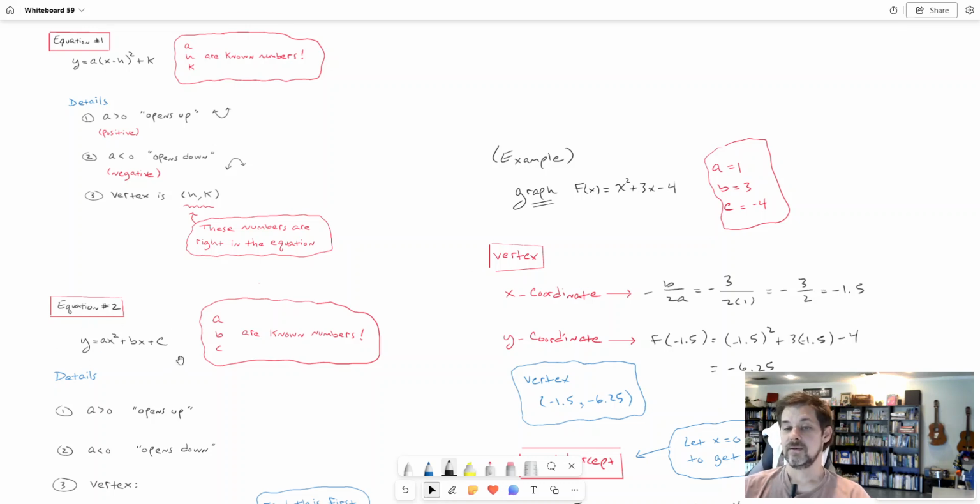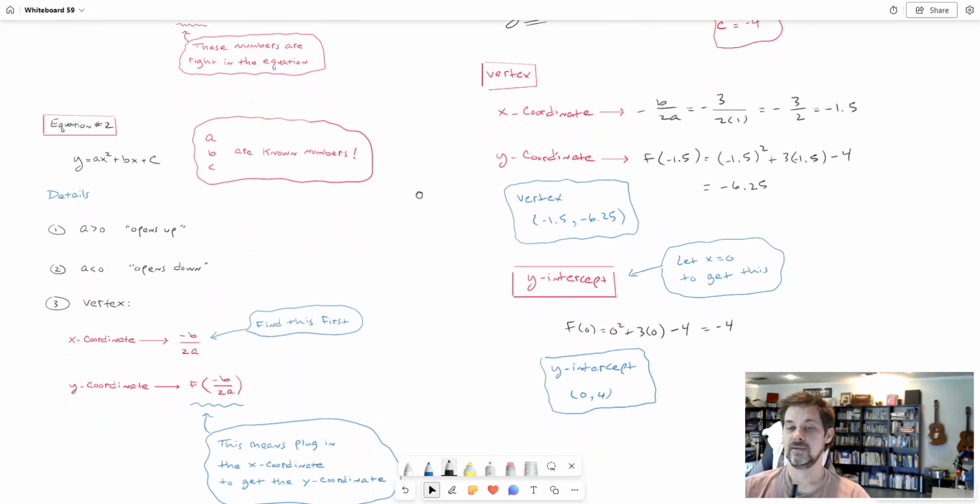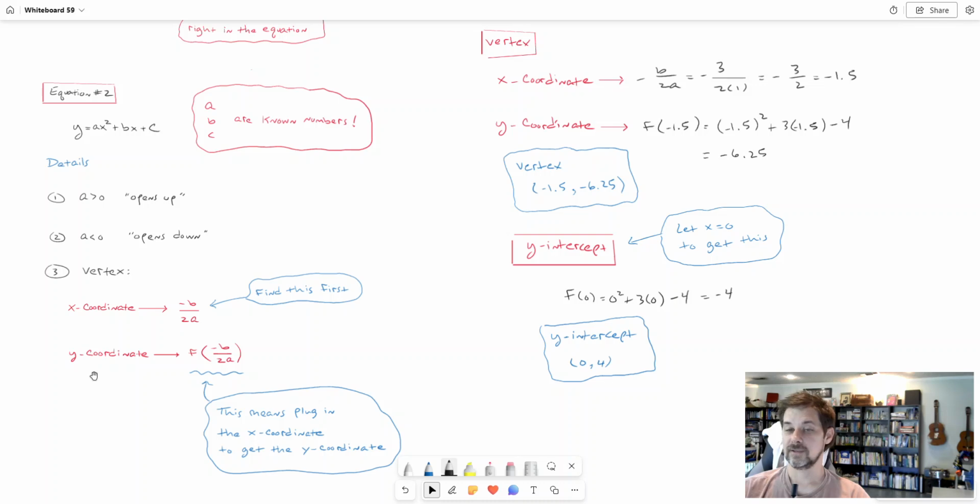Okay, now how you find the vertex when the parabola is given in this way is that you find the x and y coordinates individually. You find the x coordinate first as the negative b over 2a, or you might say the opposite of b over 2a, where a, b, and c are those numbers you identify in the equation. You find that first. That's the x coordinate.